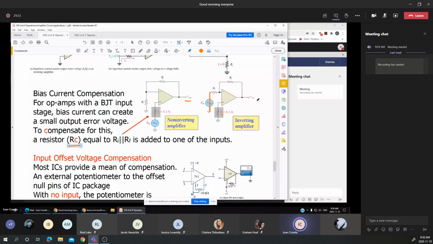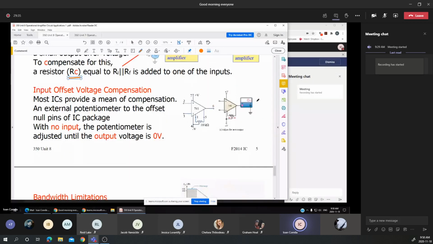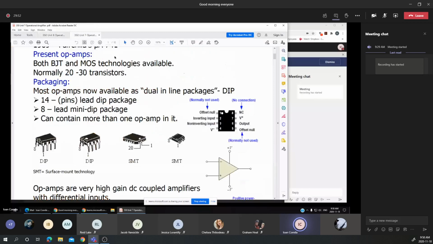A practical solution is using pins 1 and 5 and connecting a potentiometer. Actually, it's a very small potentiometer, which is called a trimmer. If I go back to the introduction of this course, you notice that I said that pin 1, for example, is the offset knob.